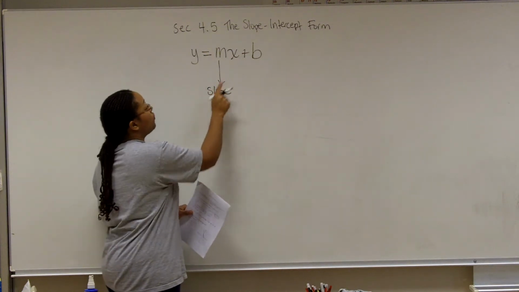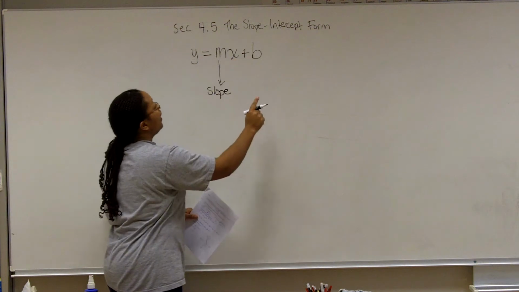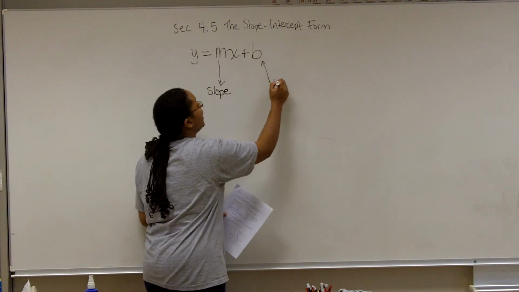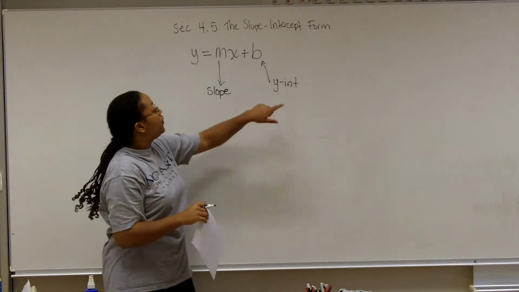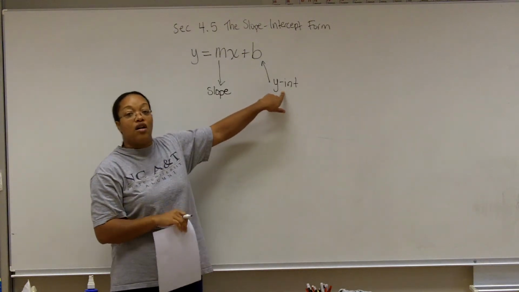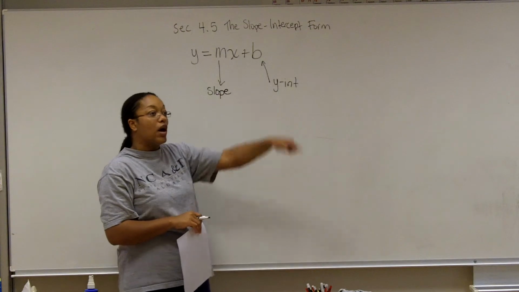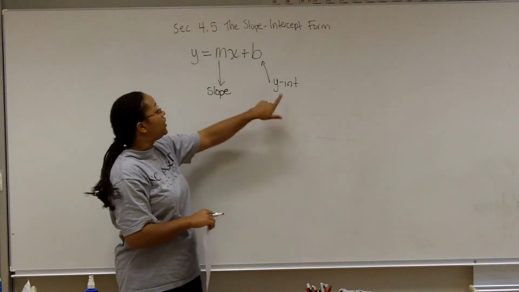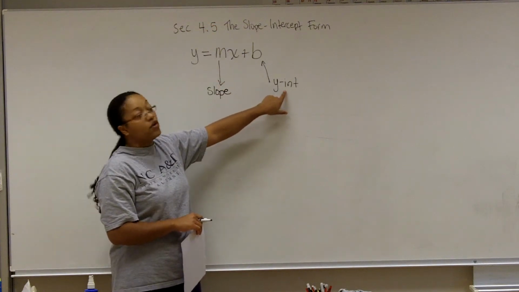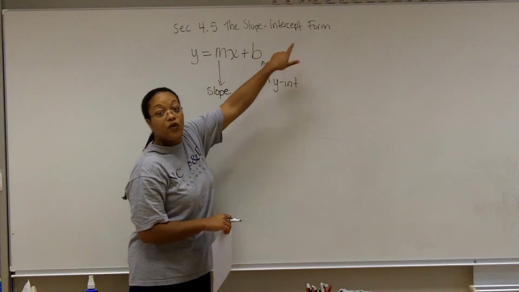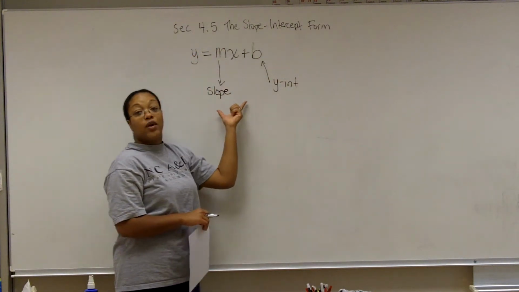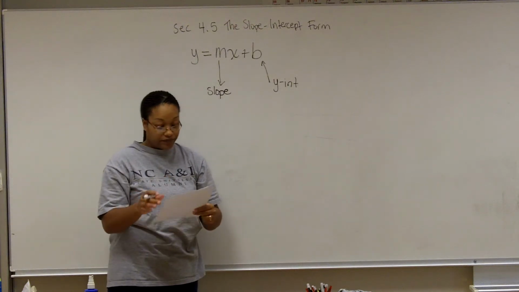So this is your slope times x, and then your b is your y-intercept. We talked about y-intercepts at the beginning of the chapter. This is the point that actually sits on the y-axis. You're either going to go up or down depending on the sign of your y-intercept. So that's why they call this the slope-intercept form. All you need is this equation to graph your line.